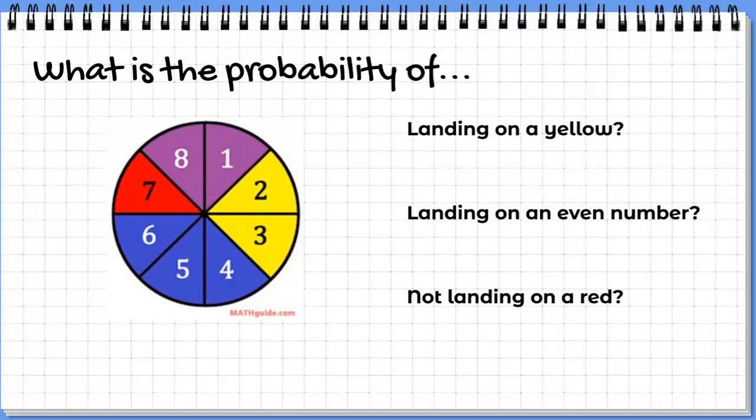So the first thing that we're going to look at is we want to find the probability of landing on a yellow. So our yellow, this is our desired event. So I'm going to write a probability statement. So we will write P, capital P, then we'll put a parentheses, and we want yellow. So this is our desired event right here.